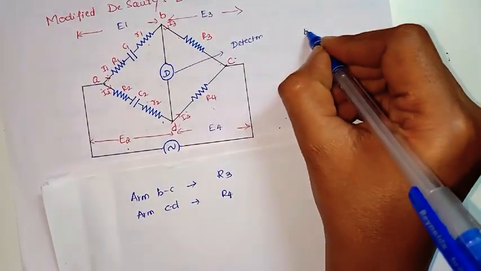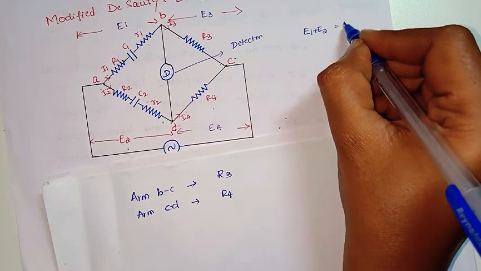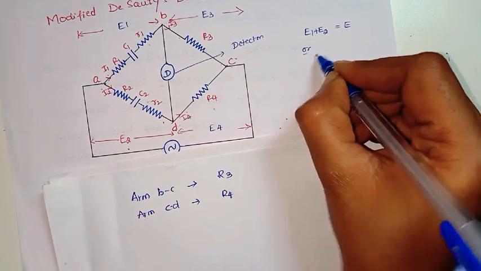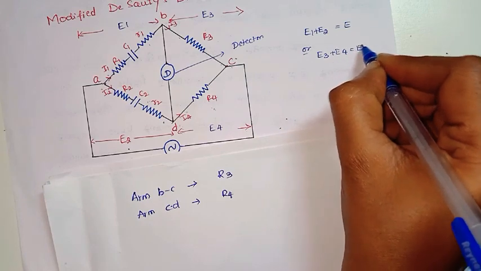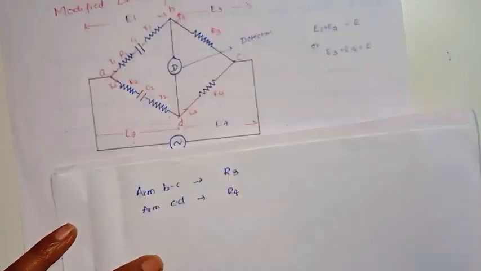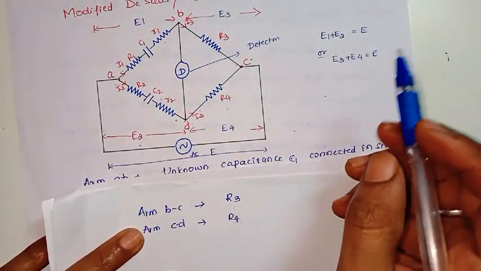E1 plus E2 equals E, or E3 plus E4 equals E. This is the total EMF which is applied across this circuit.